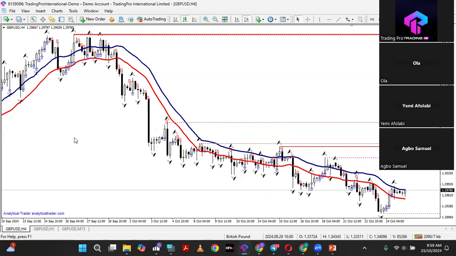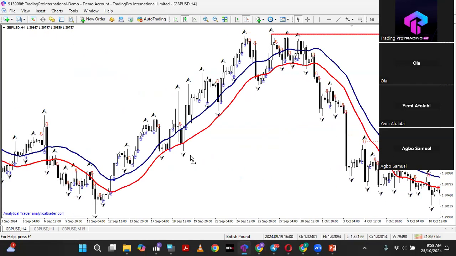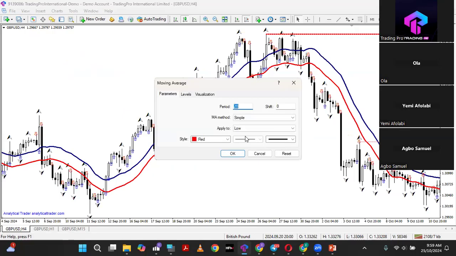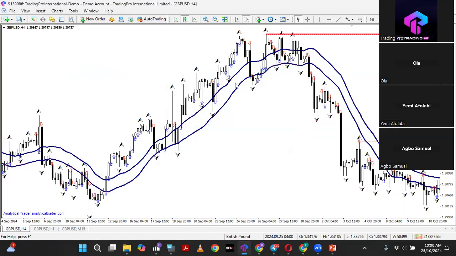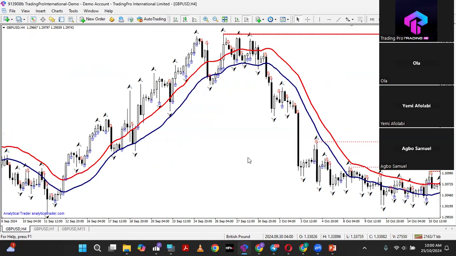Now, we're using two moving averages. The red moving average, that's this, is set to the low. Then this is where I made my mistake. It's set to the low, and we use blue. The top moving average is set to the high, and we are going to use red to differentiate.